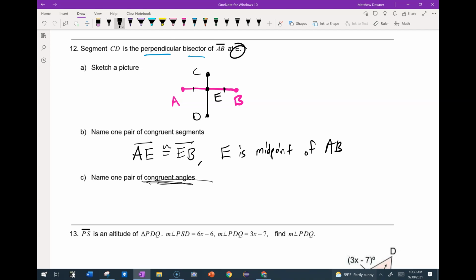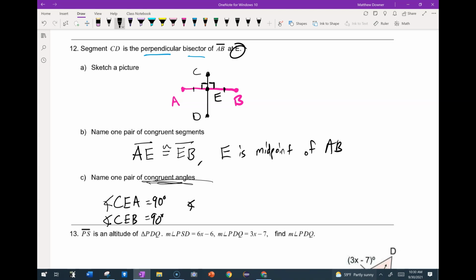So I want to think about that perpendicular part. I know that perpendicular lines form right angles. So angle CEA should be a 90-degree angle. But I also know that there are 4 right angles that are created. They're all around point E. So it's also the case that angle CEB is 90 degrees.